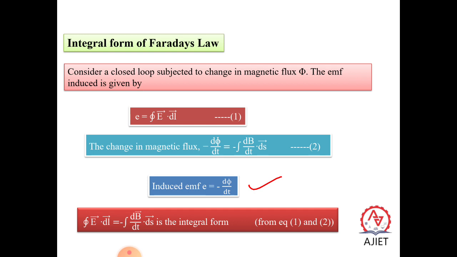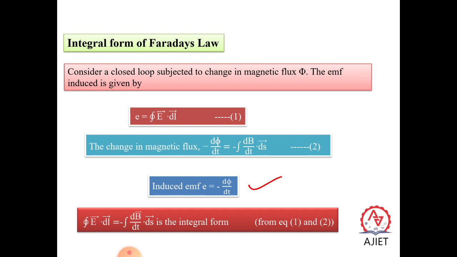If you know the value of the electric field E and the line element dl, you can calculate the EMF induced. Or if you know the change in the magnetic field, which induces the current, we can define it by magnetic flux, that is, dB by dt into ds, and calculate the induced EMF.